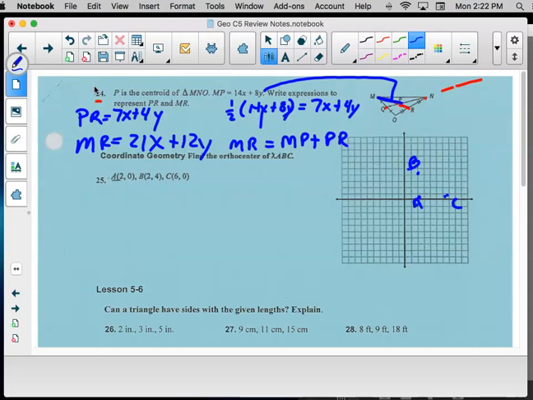Keep in mind, orthocenter is where my altitudes come together. Now, in a right triangle, the orthocenter is at the vertex of the right angle.